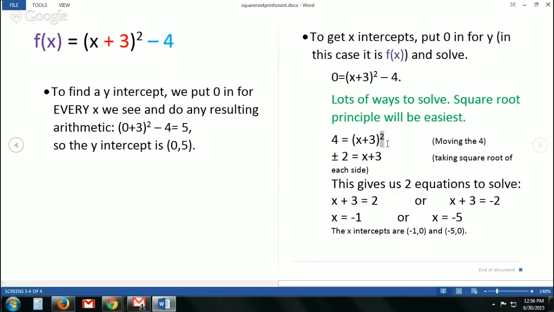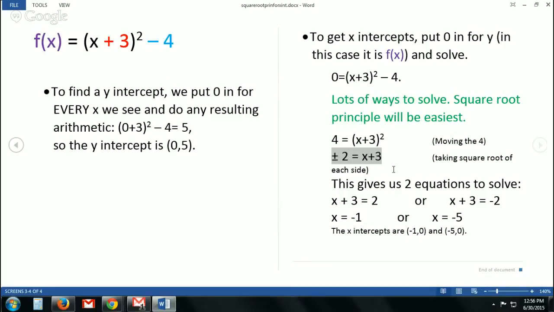Usually we think of a square root as being a positive solution, but remember, things that have a degree of 2 should have 2 solutions. To account for that, we'll take the principal square root of 4, which is positive 2, and also the negative square root, which is negative 2. So plus or minus 2 equals the stuff in the parentheses after we've taken the square root of each side.